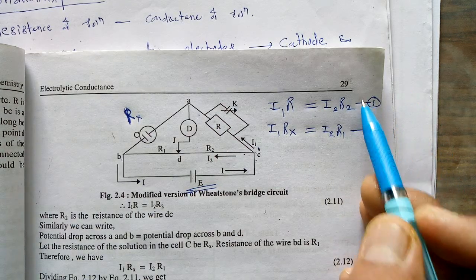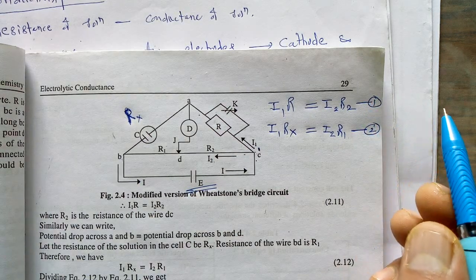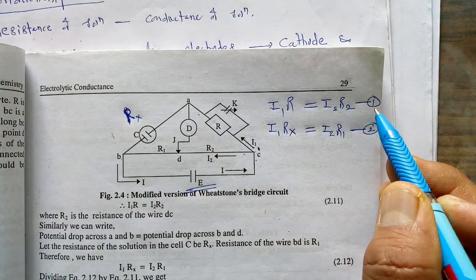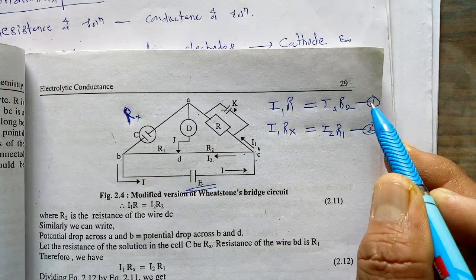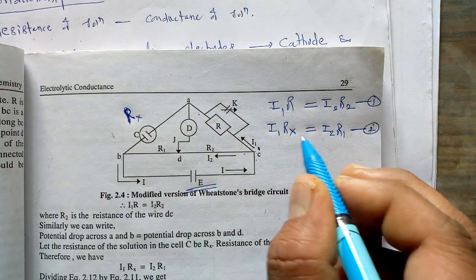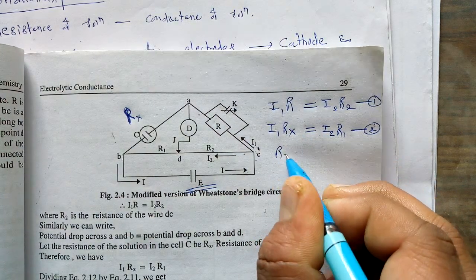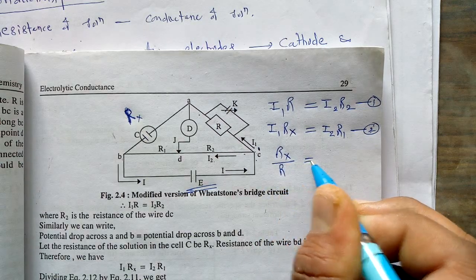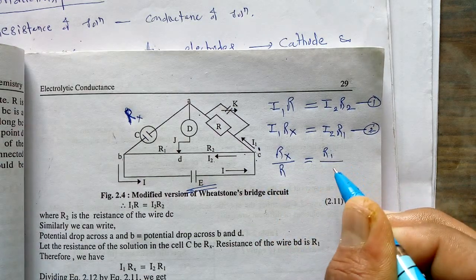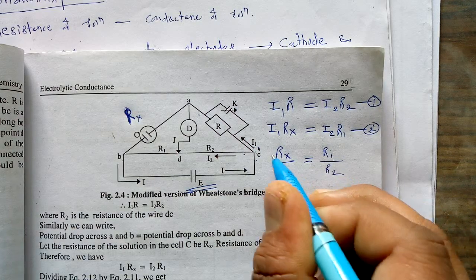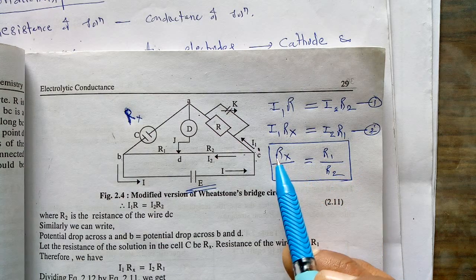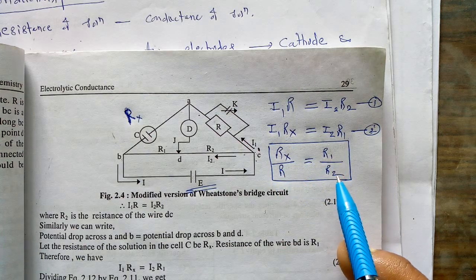Now after getting these two equations, we divide equation number 2 by equation number 1. By dividing, we get Rx divided by R equal to R1 divided by R2. So this equation is obtained: Rx divided by R equal to R1 divided by R2.